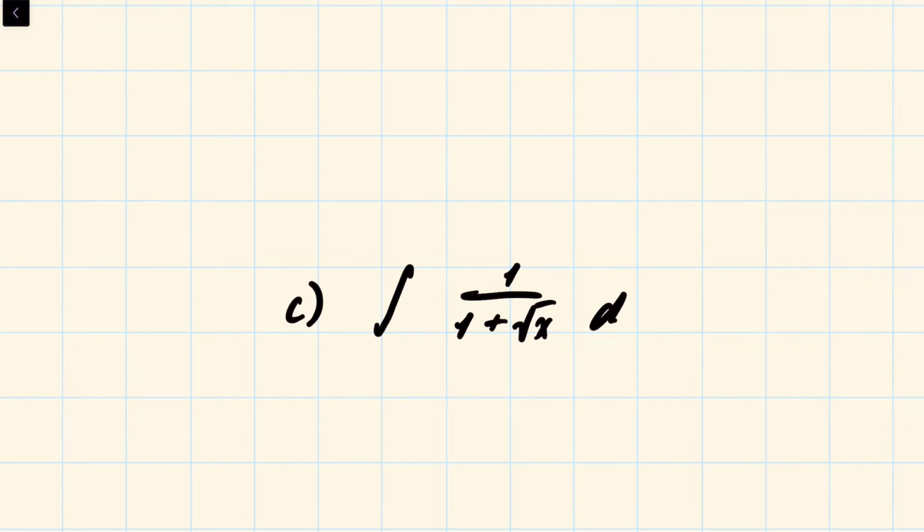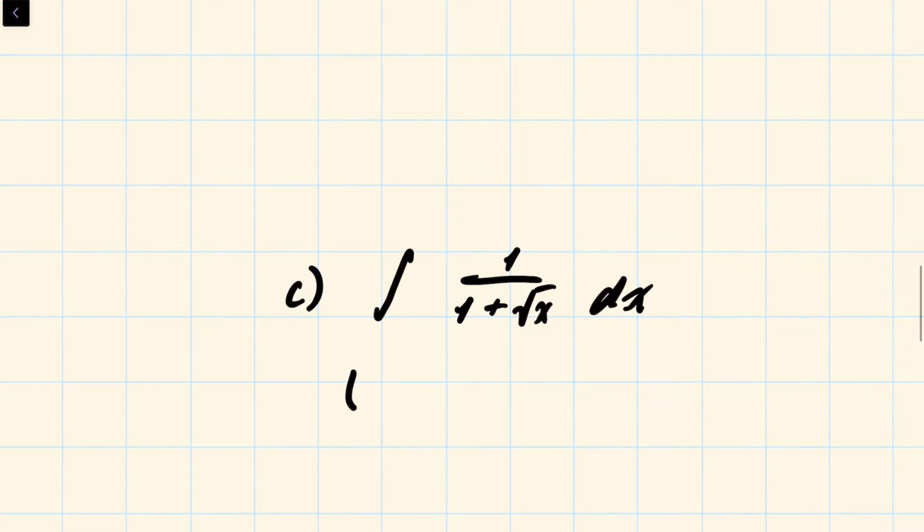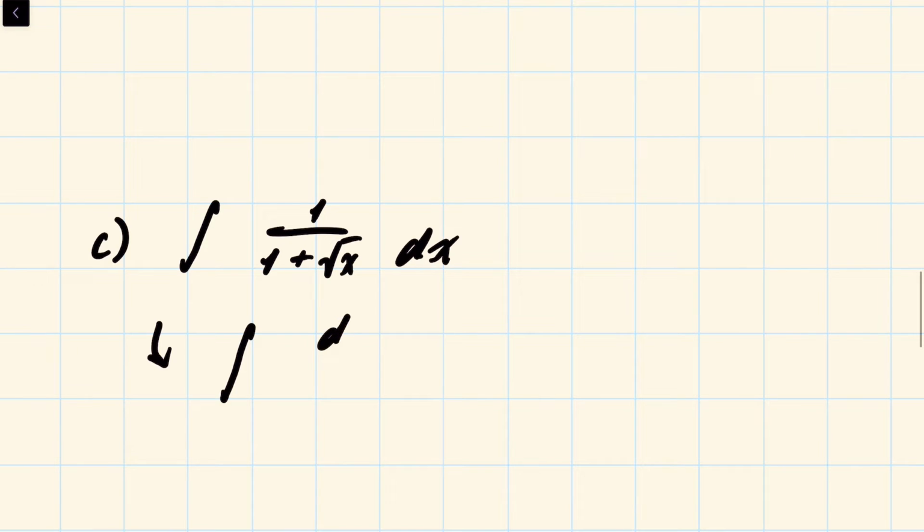And what I'm actually going to do first is rewrite this as dx over 1 plus root x. Kind of think of it as multiplying by this dx at the end.